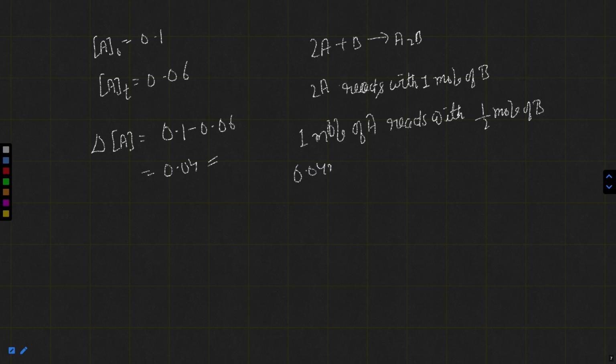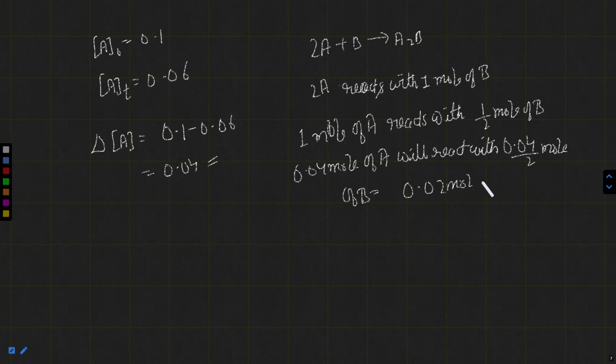So 0.04 mole of A will react with 0.04/2 mole of B, which is equal to 0.02 mole of B. So this much mole of B has already reacted.